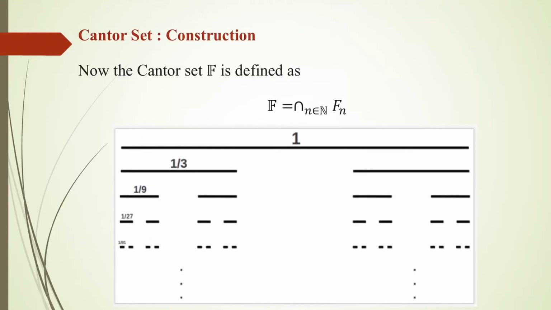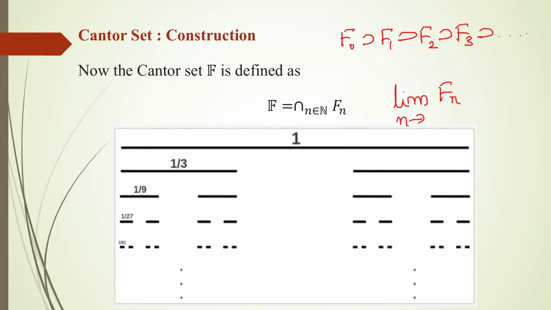Now we can note that F0 contains F1 and it contains F2, contains F3, etc. So actually when we take the intersection of all these Fn's, we will end up with something like the limit of Fn as n goes to infinity, something like that.